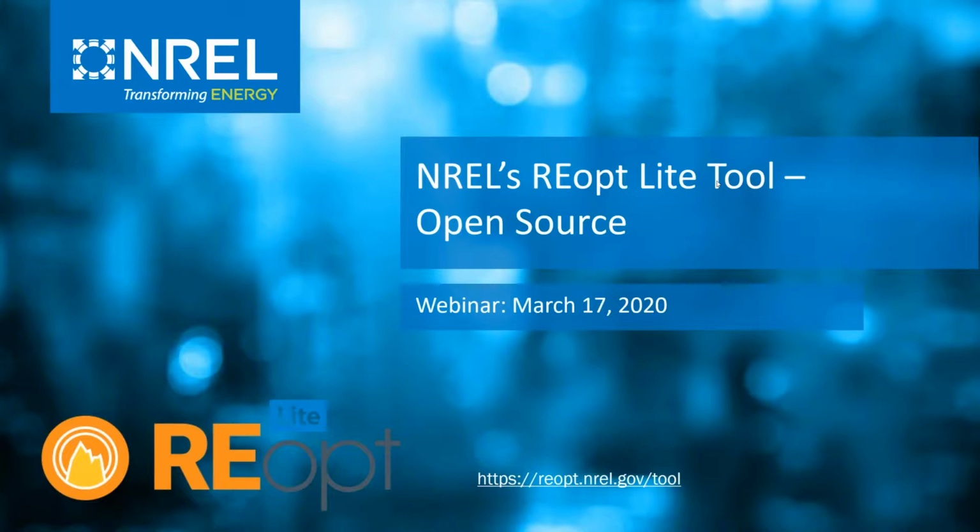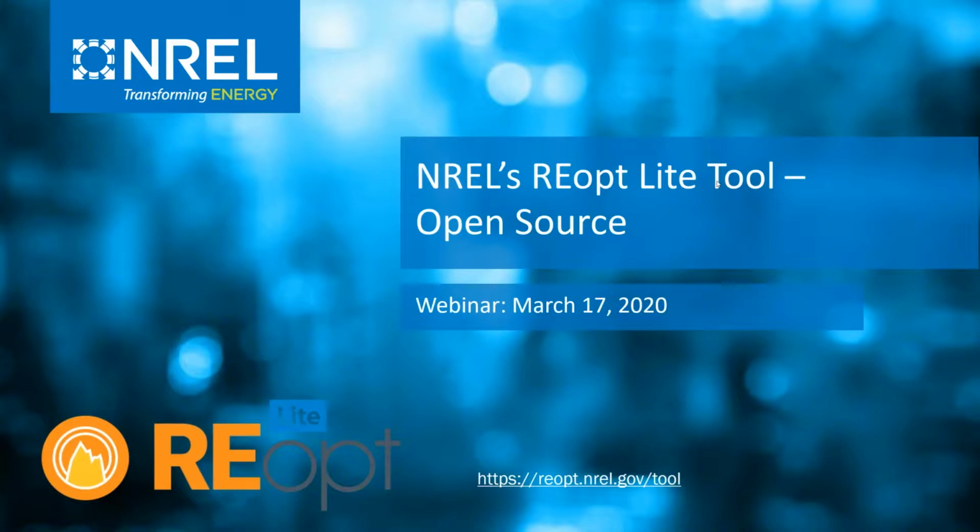The REopt Lite web tool helps building owners evaluate the economic viability of grid-connected photovoltaics, wind, and battery storage at a site. It identifies system sizes and battery dispatch strategies to minimize energy costs, and it estimates how long a system can sustain a site's critical load during a grid outage.